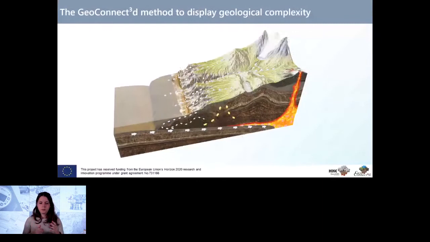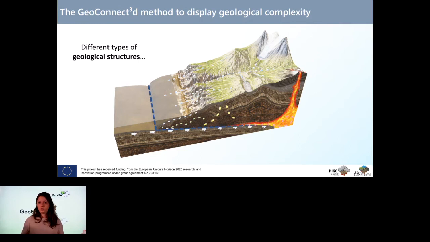And there comes GeoConnected. So our project developed a method to gather and display a variety of geological information in a simpler yet scientifically sound way. And the basic principle behind is that we can define the geological building blocks of the subsurface by first looking at geological structures.